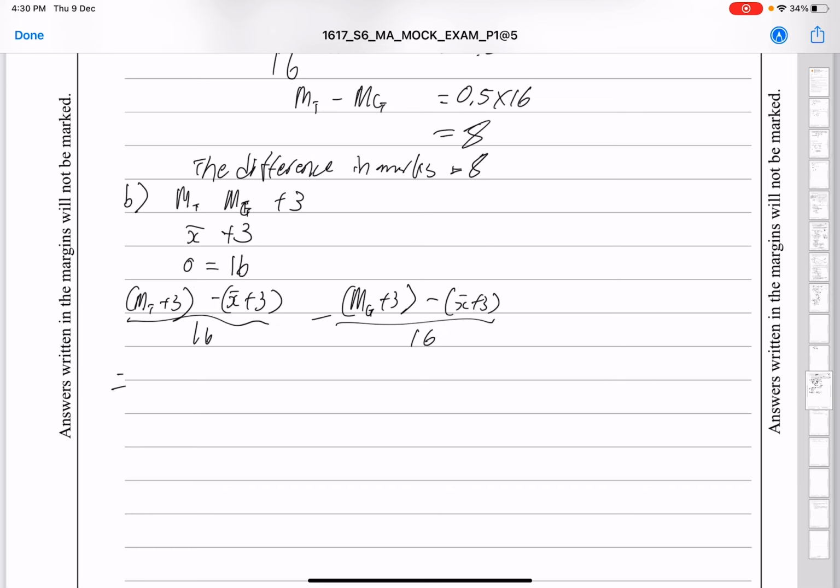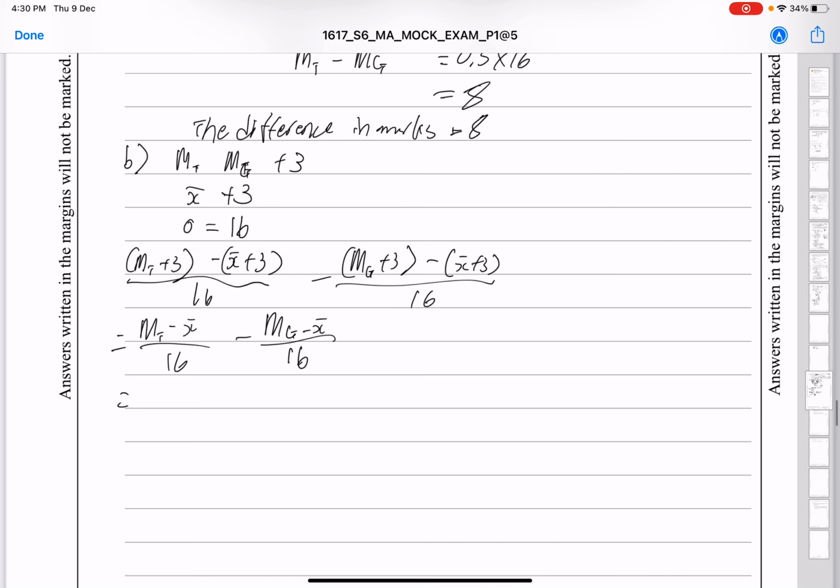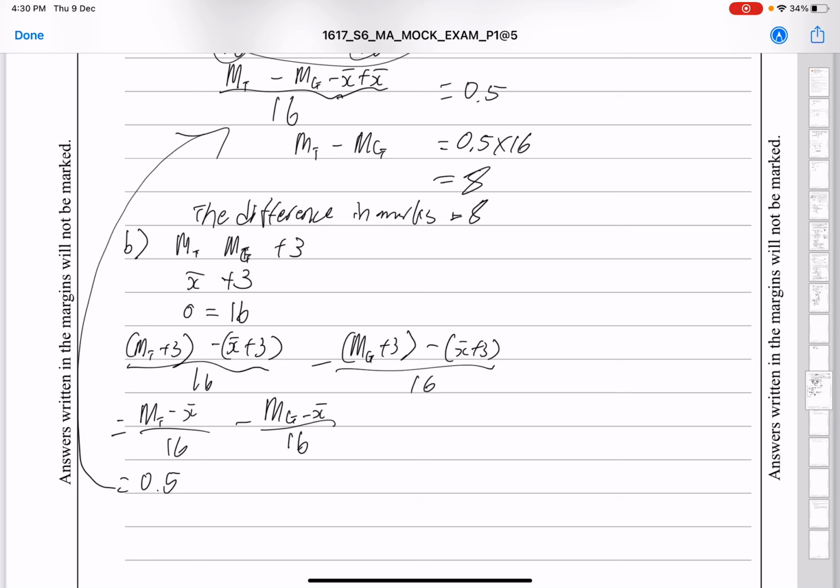After a bunch of calculations, you will get the same as above here. And the difference in standard score will be exactly the same as part A.